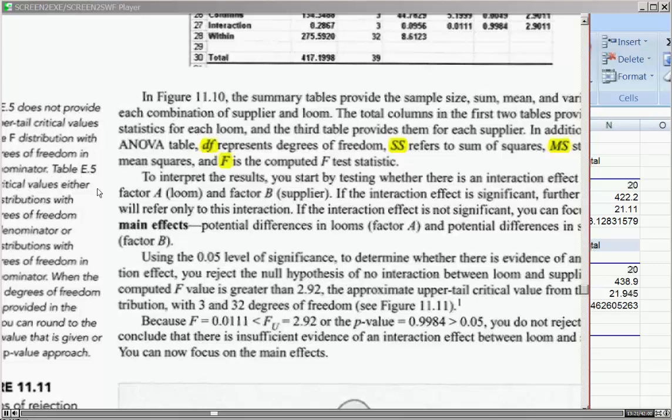Table E.5 gives critical values either for F distributions with 30 degrees of freedom in the denominator or for F distributions with 40 degrees of freedom in the denominator. When the desired degrees of freedom are not provided in the table, you can round to the closest value that is given or use the p-value approach.